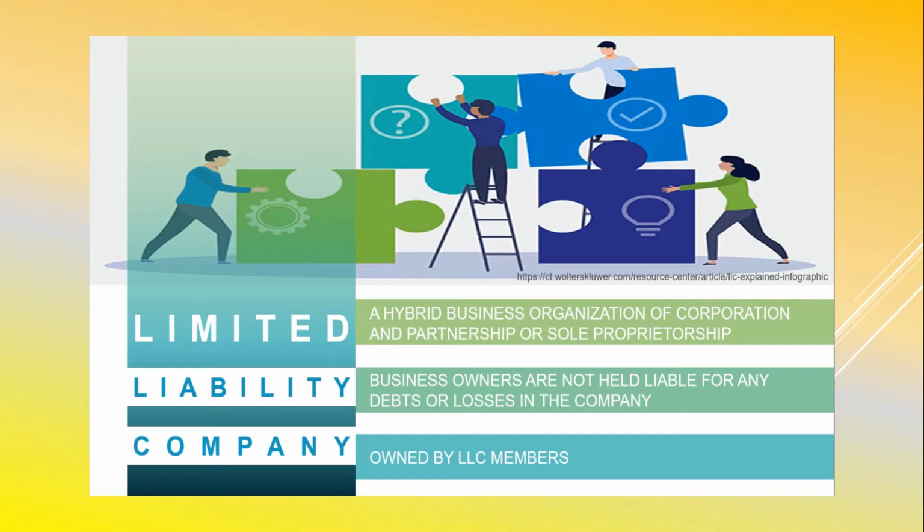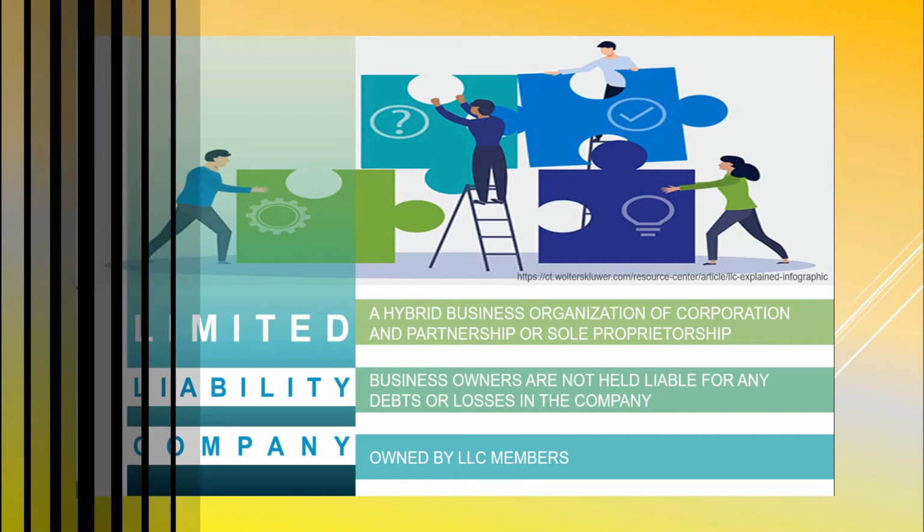Compared to a corporation, a limited liability company is easier to form when you want to protect your personal assets in case the company fails. The limited liability company can be owned by one or more persons, who are called LLC members. There is a single-member LLC and a multi-member LLC. It depends on the quantity of LLC members.